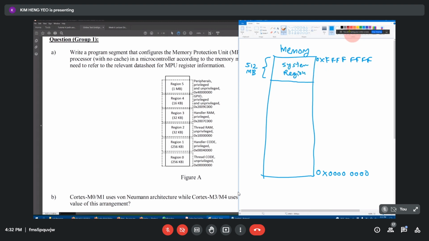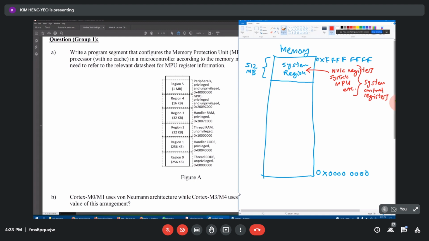In the system region, this is where you have your NVIC registers, your SysTick registers, your MPU registers, etc. These are all the system control registers.